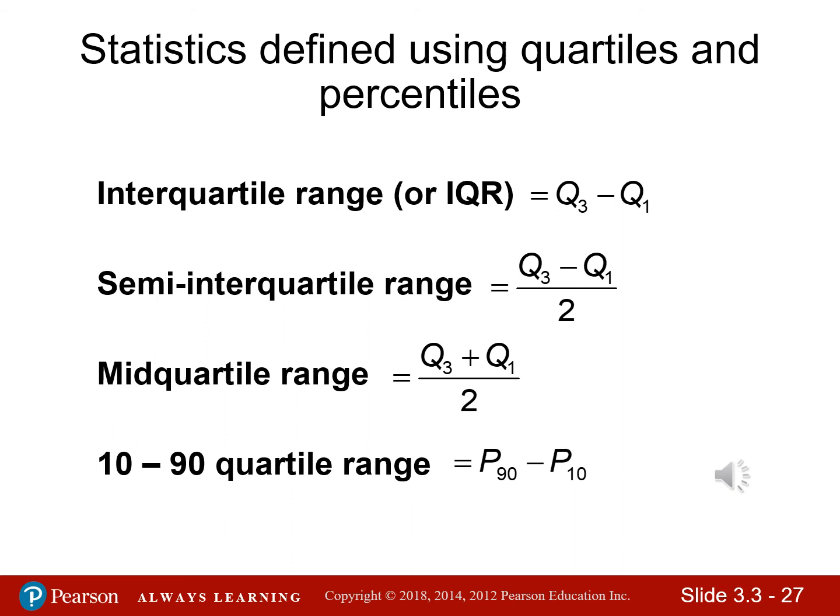The semi-interquartile range is the third quartile minus the first quartile, divided by 2, and the mid-quartile range is the third quartile plus the first quartile, divided by 2. The 10-90 percentile range is simply the 90th percentile minus the 10th percentile.